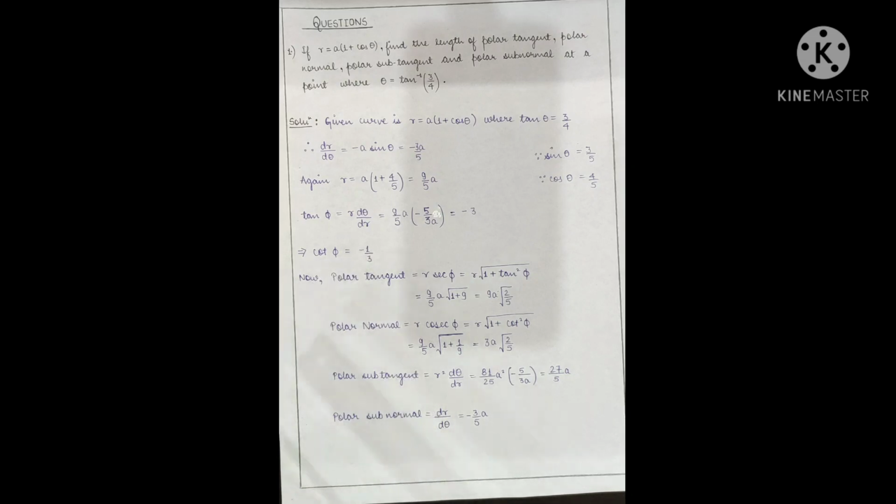Then tan phi, we know, is equal to r into d theta upon dr. Putting these two values, 9 by 5a and d theta upon dr's value, minus 5 by 3a, tan phi will come as minus 3. So we can calculate cot phi, it will come as minus 1 by 3.